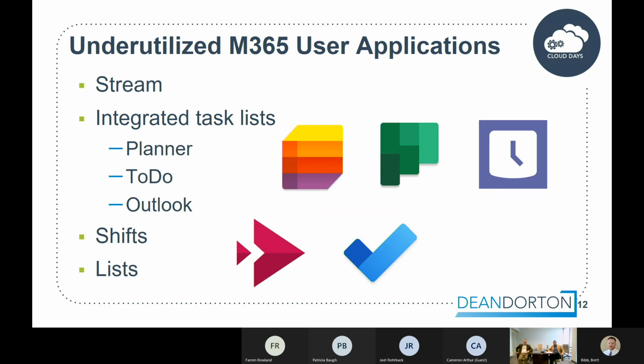And for a while, To Do had its own task list. Planner had its own task list. And for people familiar with Outlook, Outlook had its own task list. And this was a great example of applications overlapping but not doing the same thing because none of those tasks synchronized between the other applications, even though all of them held tasks.